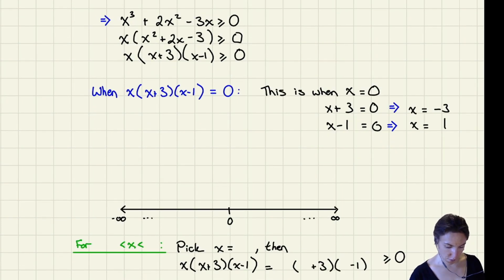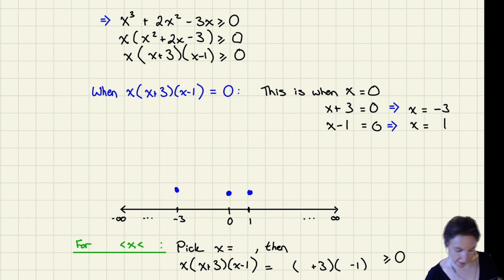I'm going to have 0 here. I know that I have something when x is equal to 1. I know I have something when x is equal to -3. That's when they're equal. So basically, I have little circles here at 0, here at 1, and here at -3.